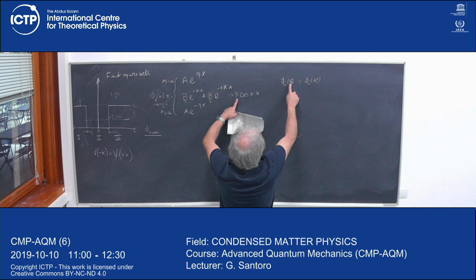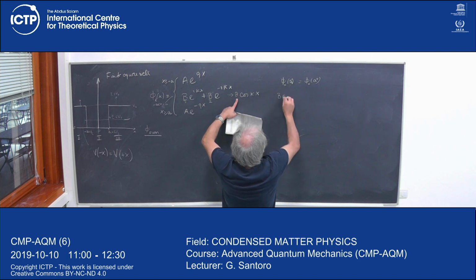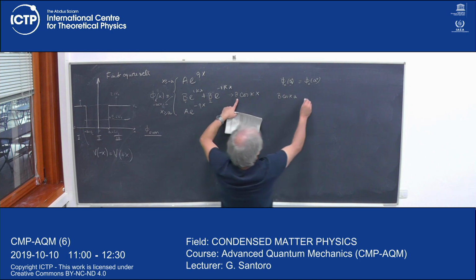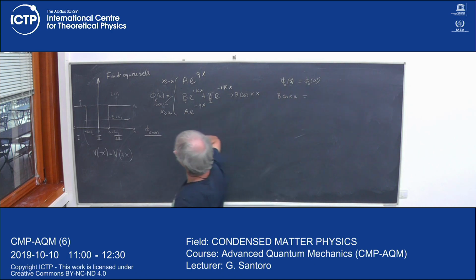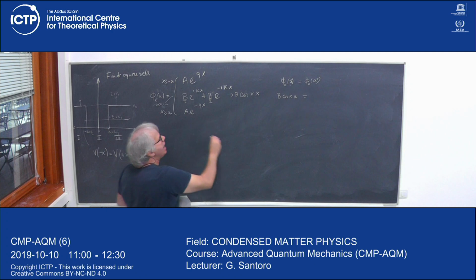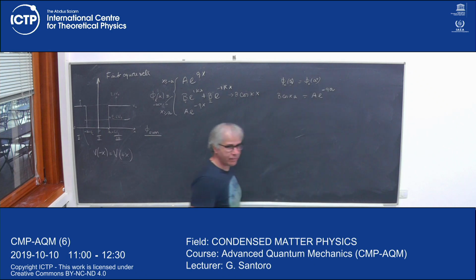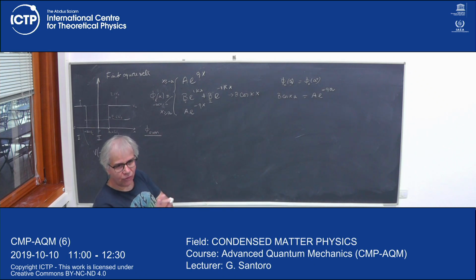Immediately before, I have b times the cosine of ka, right? Immediately after, I have A times e to the minus qa. Is this clear to everybody? So these are the two functions calculated infinitesimally before and infinitesimally after x equal a.